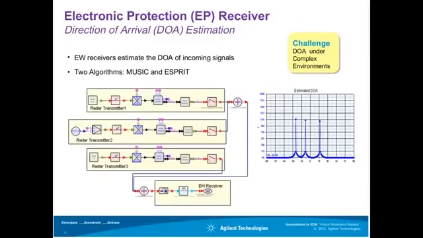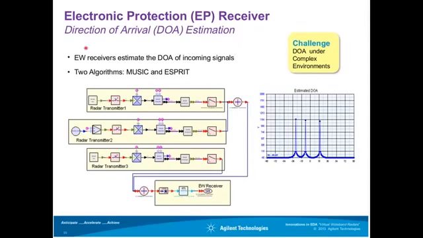And the EW output signal is correlated with the original signal, so it looks like a target return. In fact, it's a false target return. So in this way, you can use the platform to test your EW design.